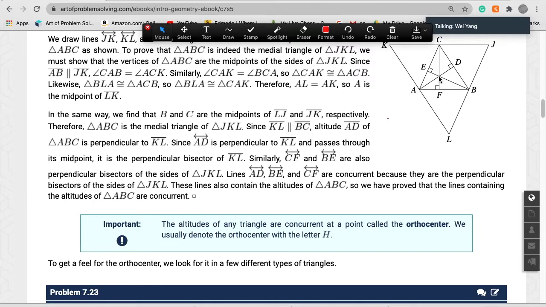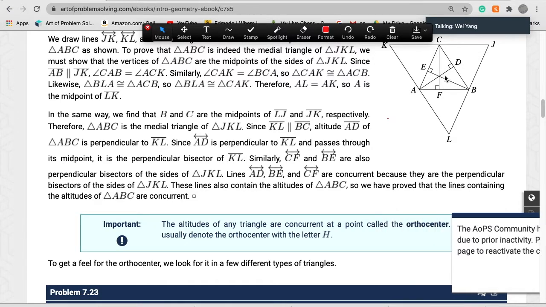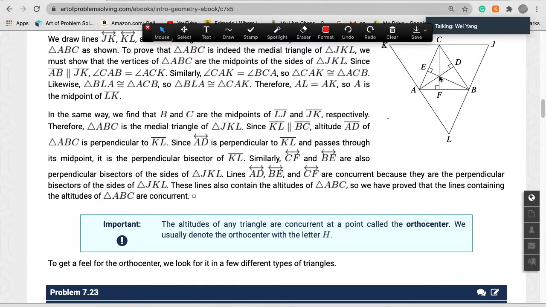Now, these three altitudes of triangle ABC are actually the three side bisectors of another triangle KLJ. Therefore, these three altitudes should intersect at a common point. Then that means they are concurrent. So we proved this, right?